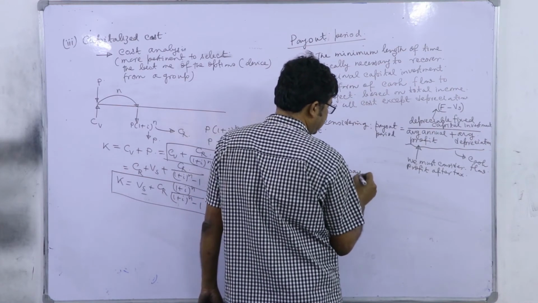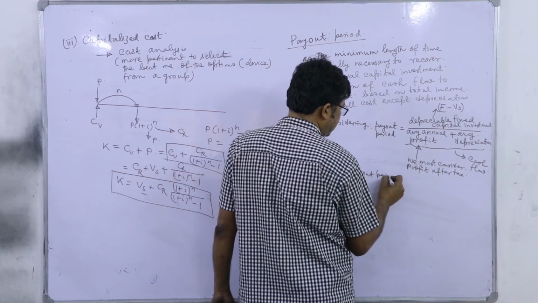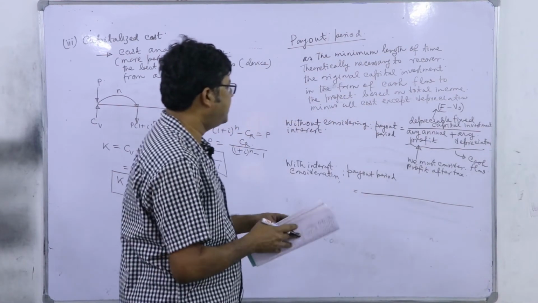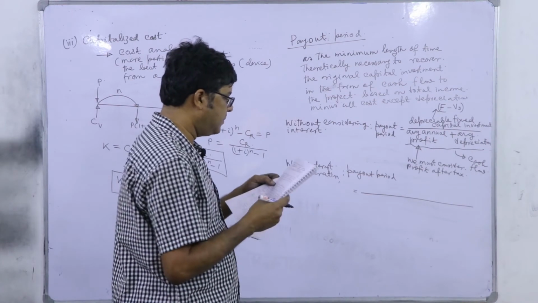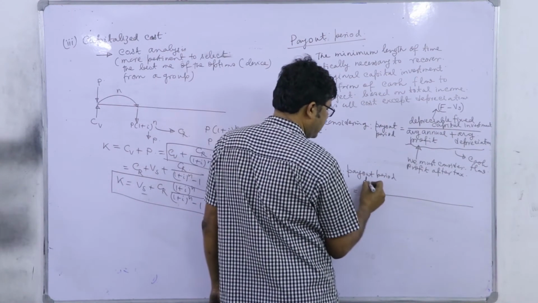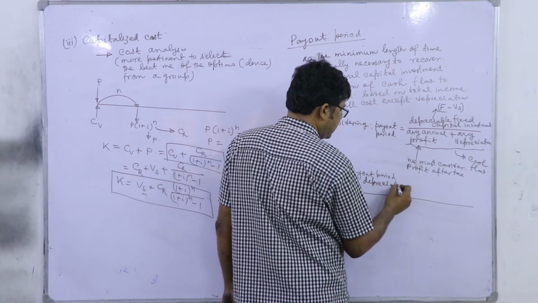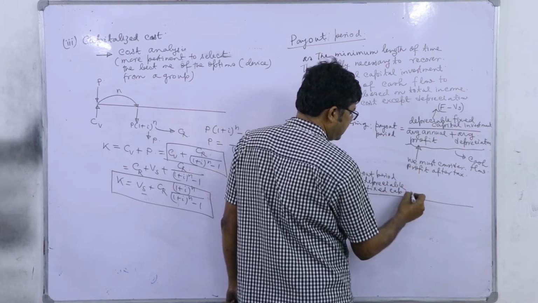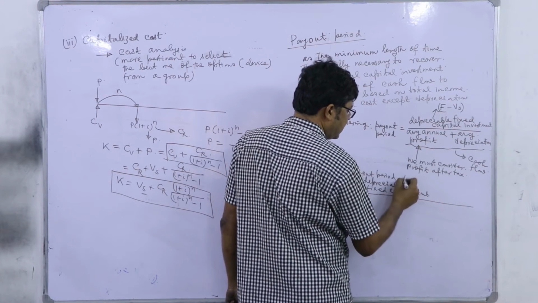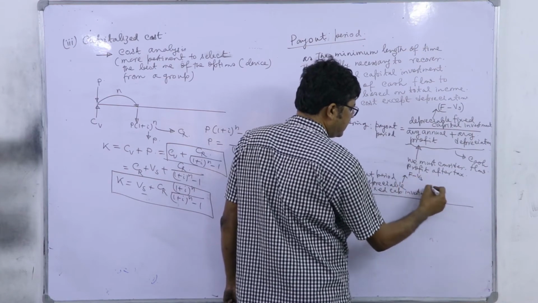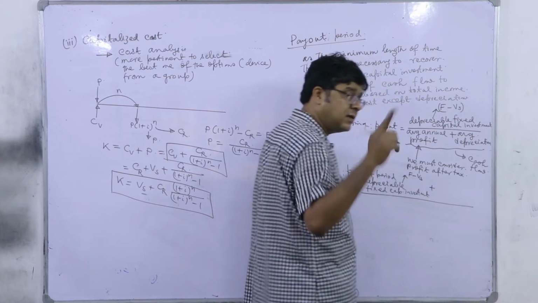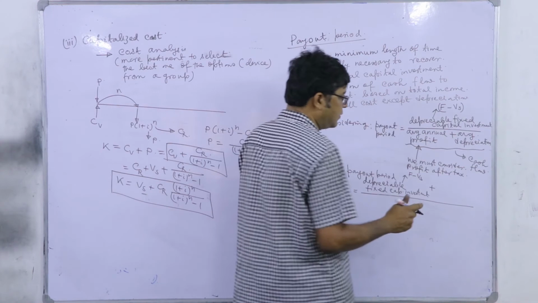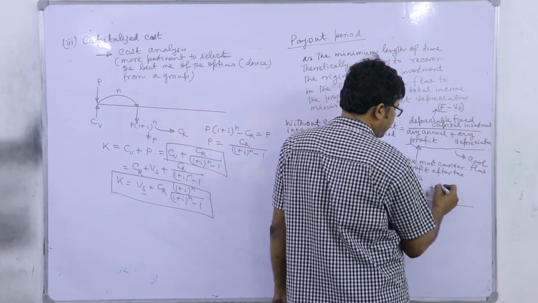The payout period is depreciable fixed capital plus working capital investment. Depreciable fixed capital investment, that is F minus Vs, plus interest, because working capital you are getting back. So, basically what you are investing is this interest of the working capital and the fixed capital as well.